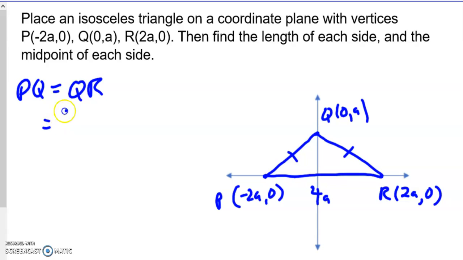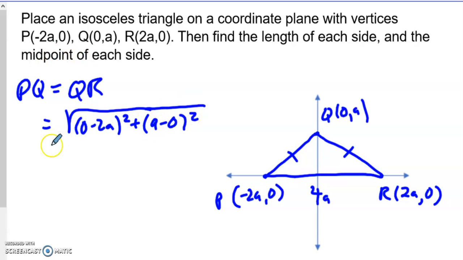So we can use the distance formula to find the length of that. If we just do one of them, I'll do QR, which is going to be 0 minus 2a, quantity squared, and then a minus 0, quantity squared, which will give us 4a squared plus a squared.